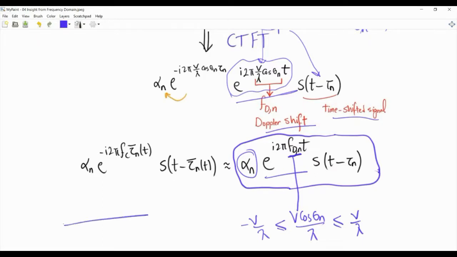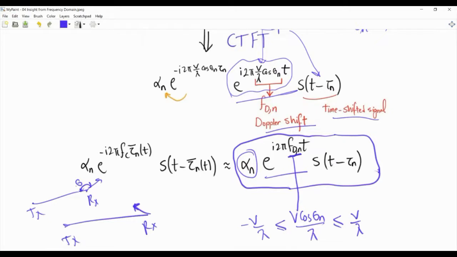Again, it depends on motion. If you are moving in the direction of the transmitter, if the distance between the transmitter and receiver is getting smaller, then theta will be an angle between 0 and 90. The cosine will be positive, and this Doppler shift will be positive. But if the receiver is moving away from the transmitter, so if theta is between pi over 2 and pi, then cosine will be negative.